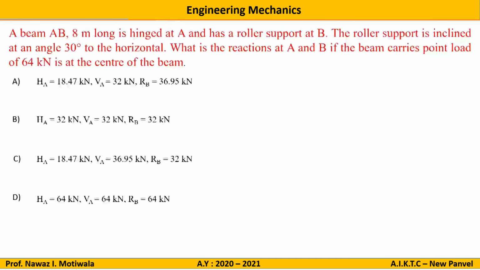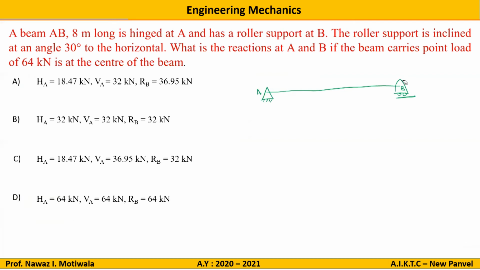Next question. A beam AB 8 meter long. It is hinged at A, so there is a hinge reaction at A, and roller supported at B. And the roller is inclined at 30 degrees to horizontal.